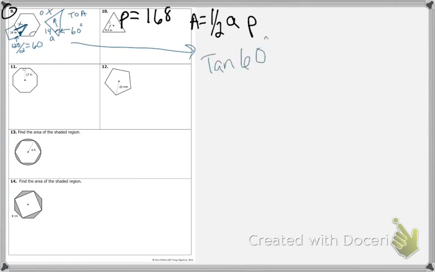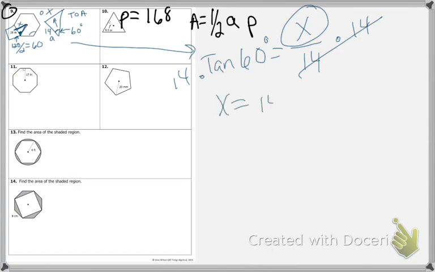Tangent 60 is equal to x over opposite over adjacent. If I want to solve for x, I'm just going to multiply both sides times 14. That gets rid of this, and I'm left with x is equal to 14 times tangent 60.